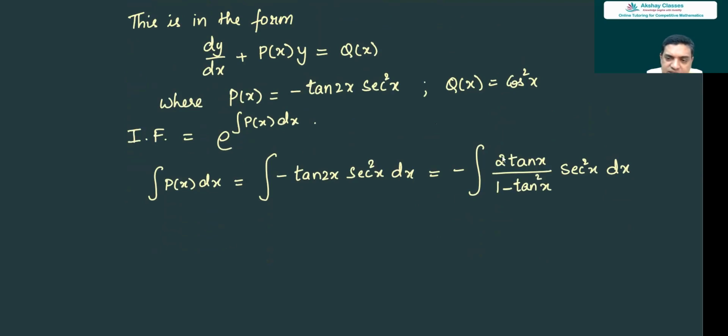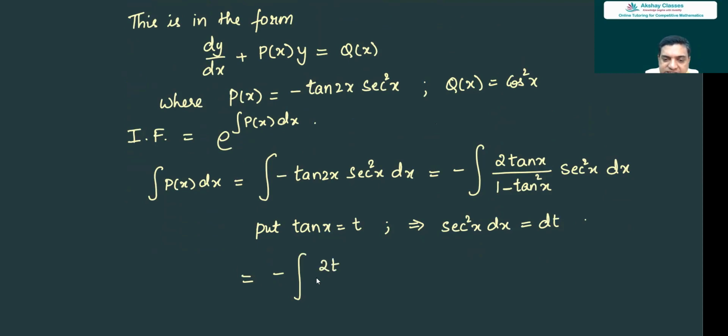Now, in this substitution, put tan x is equal to t. This gives us secant square x dx, differentiating, is dt. So this integral we get is integral 2t by 1 minus t square dt.